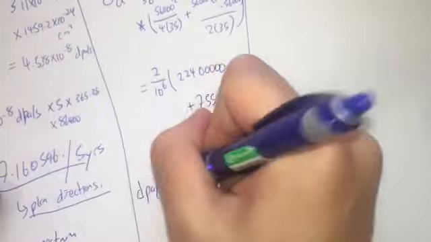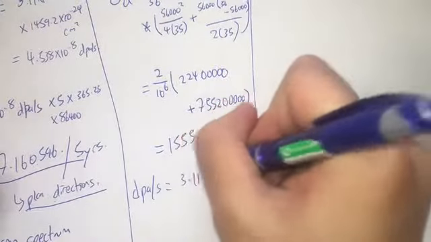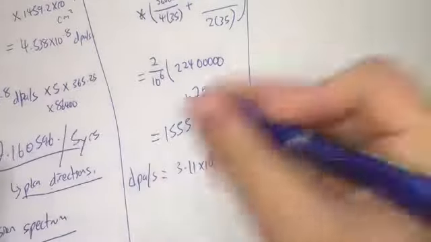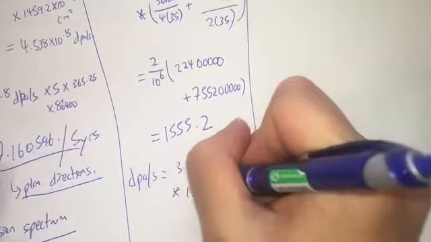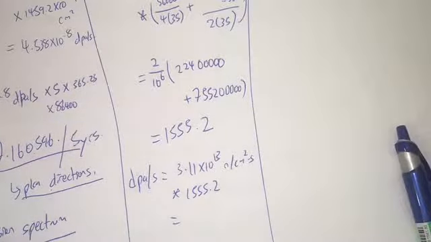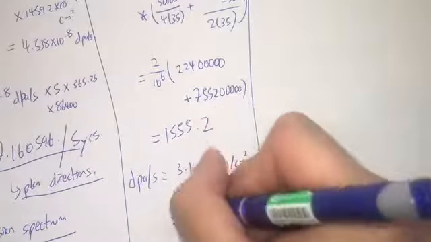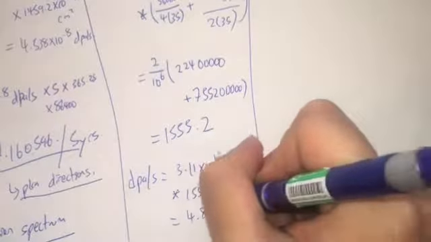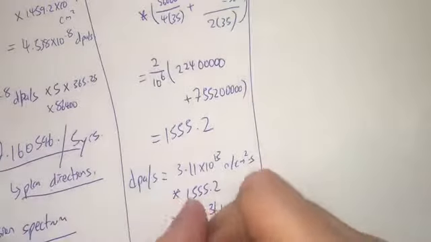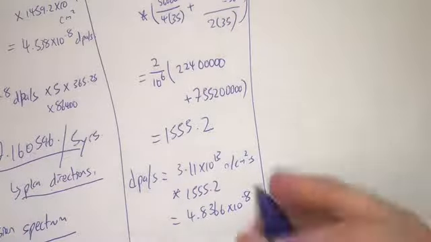PA per second will be, you get this number. And the dPA after 5 years, I'm going to use the same formula.